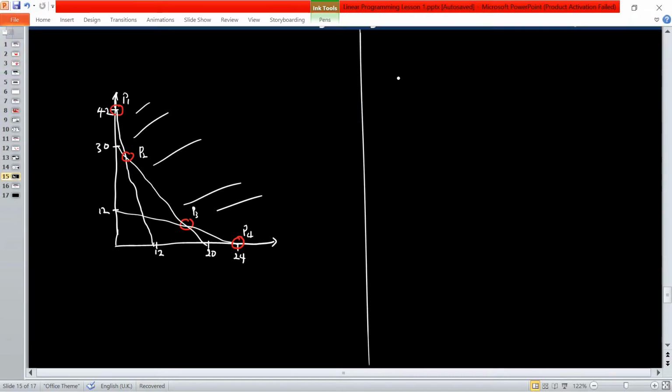Okay, so we have to set up a table and give names to these points so that we'll be able to solve it. Let me just call it P here. So this is P1, this is P2, this is P3, and this is P4, right? Good.